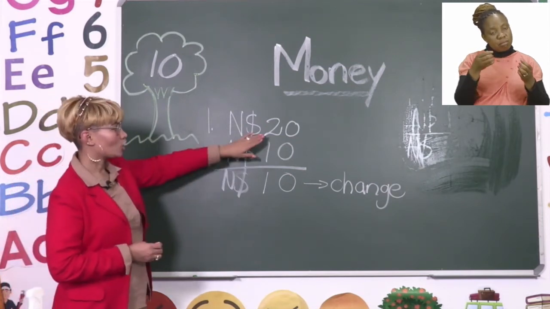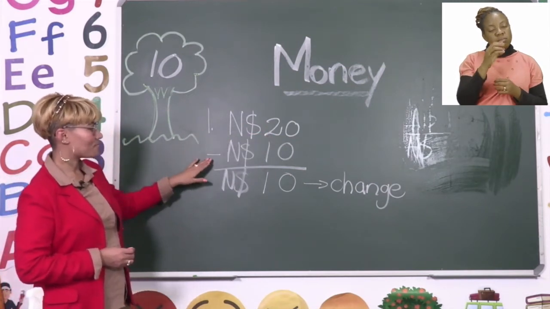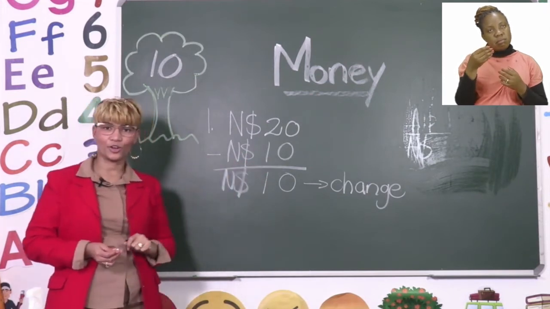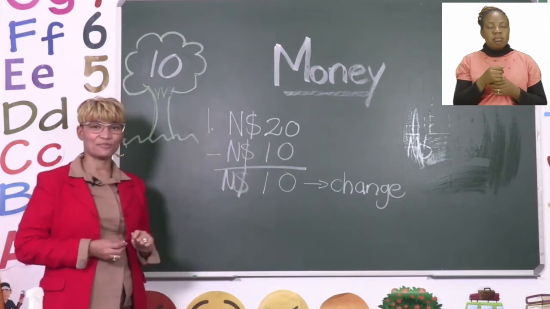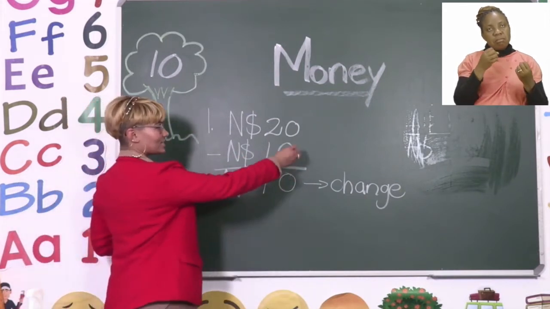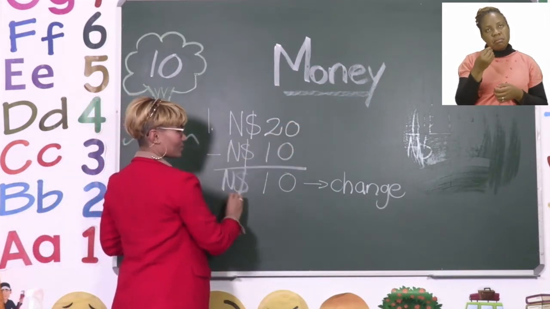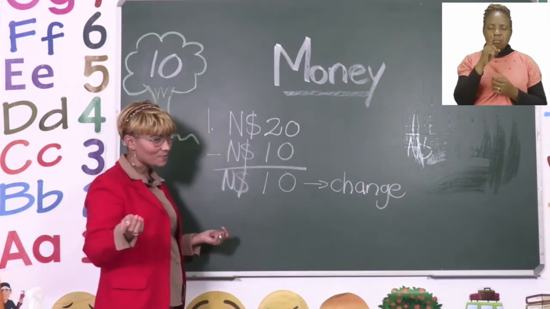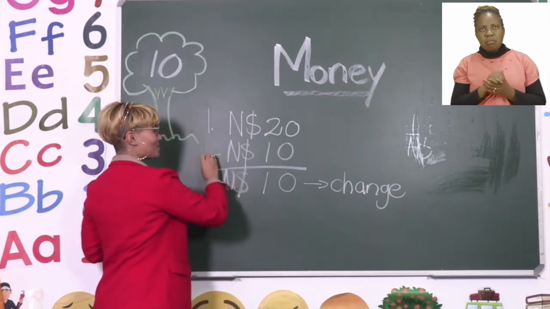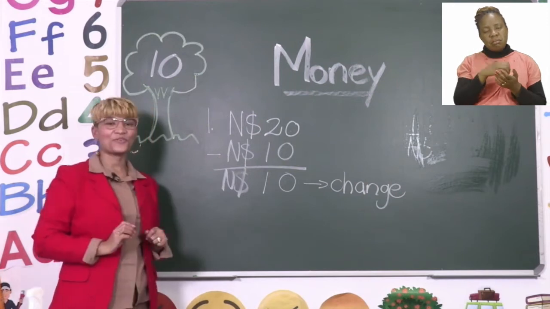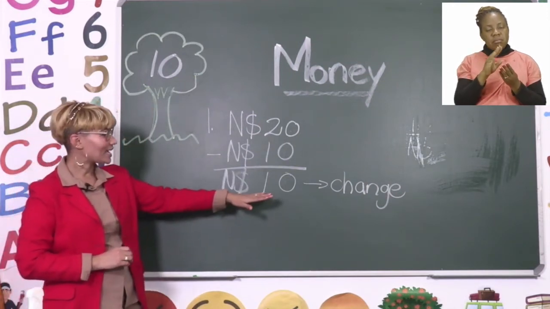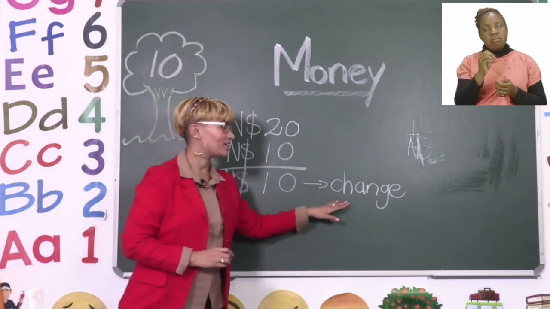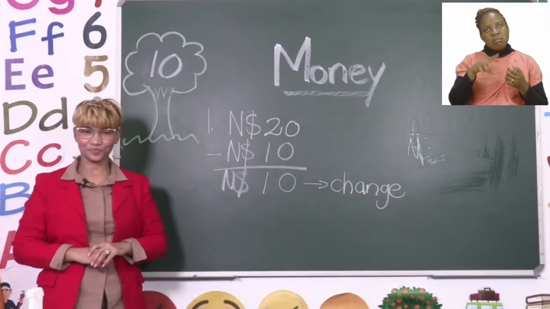So we say 20 Namibian dollars minus 10 Namibian dollars, and that gives us 10 Namibian dollars. So we say 0 minus 0 is 0, and then 2 minus 1 is 1. So that means, boys and girls, you get 10 Namibian dollars change.